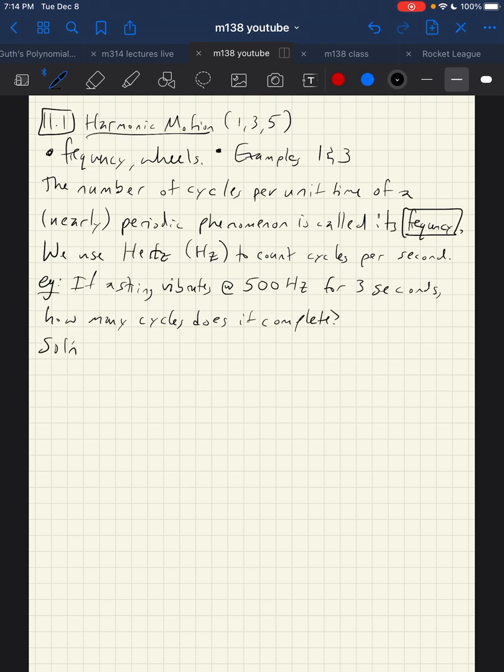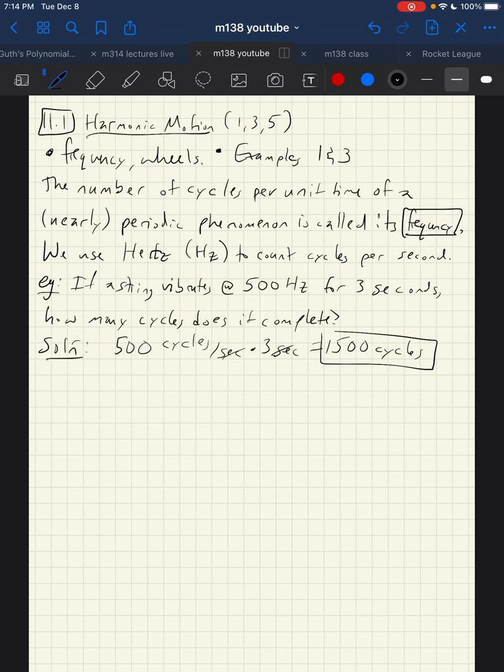Well, the answer is, we just convert. So 500 hertz is 500 cycles per second times 3 seconds. Seconds cancel, and we have 1500 cycles. All right, so that's the kind of question you might see.